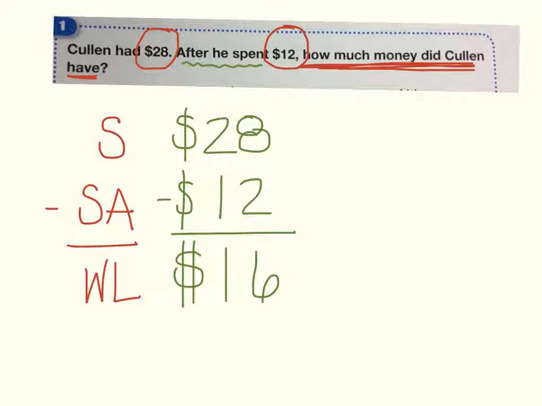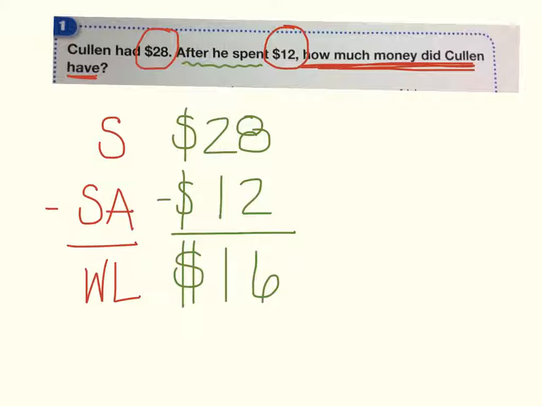That would be a penguin. So right now it looks like I'm looking at palm trees. 28 minus 12 equals 16. He had 28, he spent 12, and he has 16 left over. Again, it's just looking at the sum, the sum that went away, and what is left, and making sure everything makes sense.